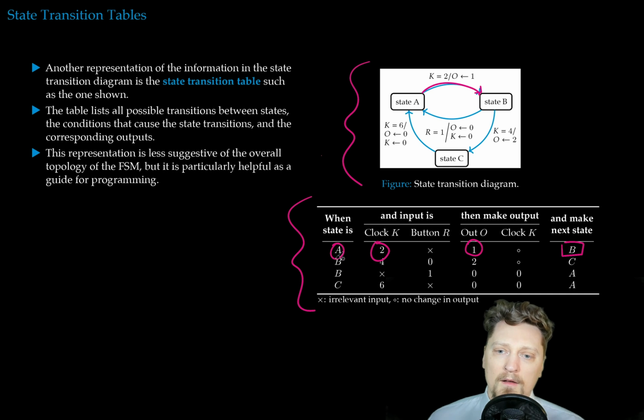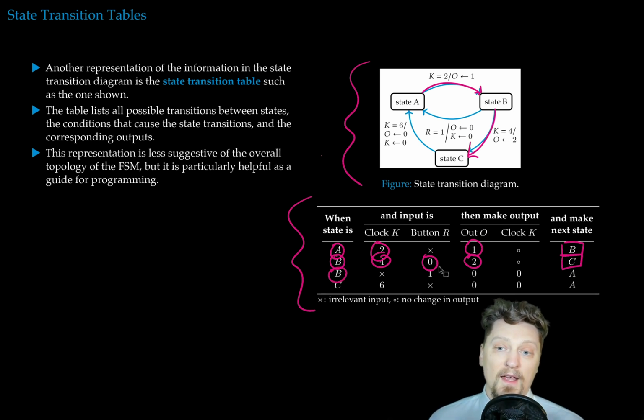When we're in B, we can go either to C or back to A. This first row represents what happens when the clock gets to 4 and we've not hit the reset button. We'll transition to state C. Then we'll make the output 2 at that point, and we'll not do anything in particular to the clock, but we will make the next state C.